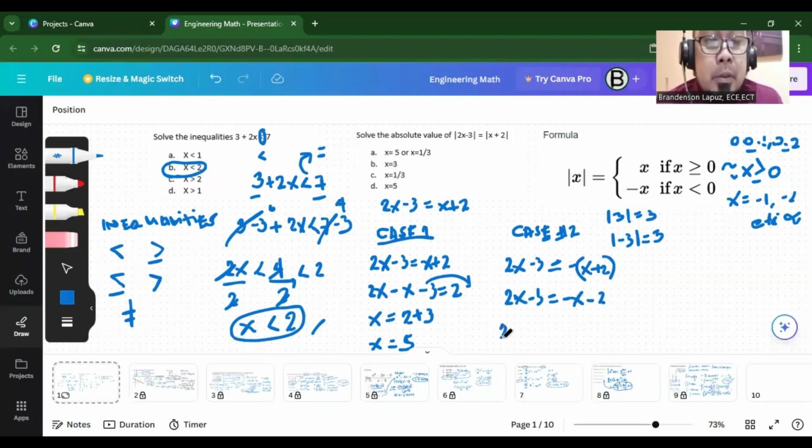Then 2x, transposing this, plus 3, transposing this, equal to negative 2 plus 3.